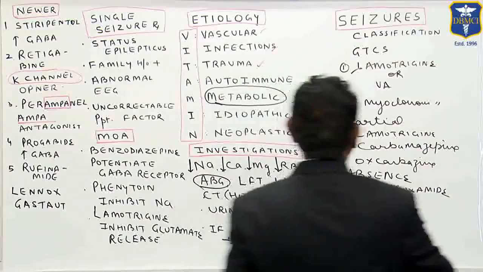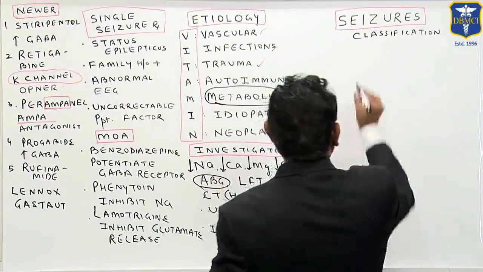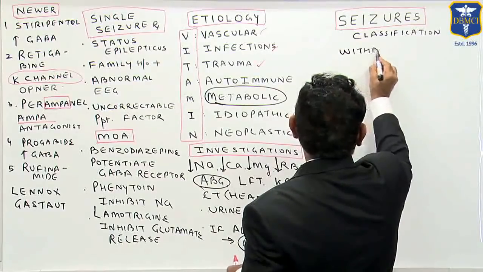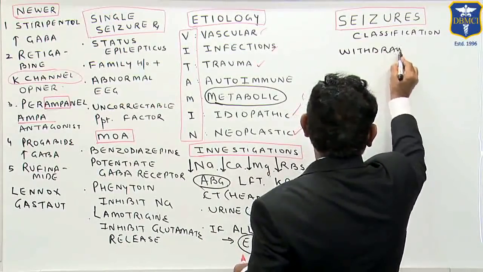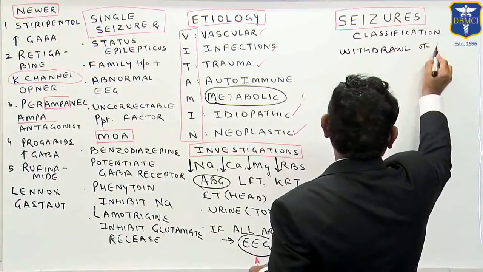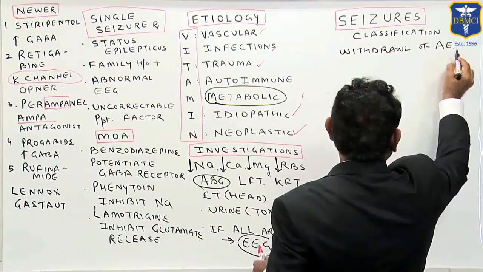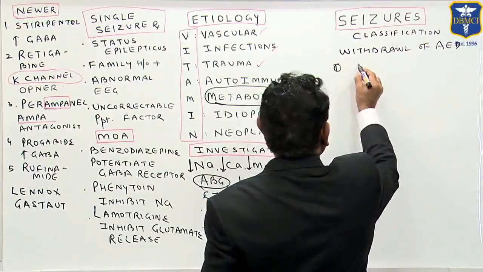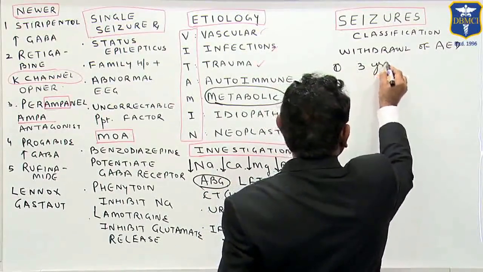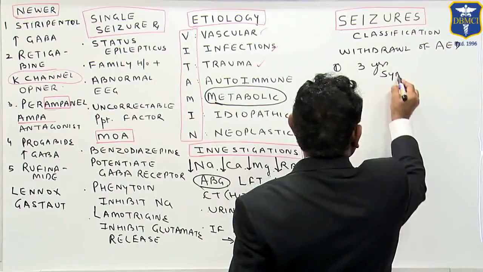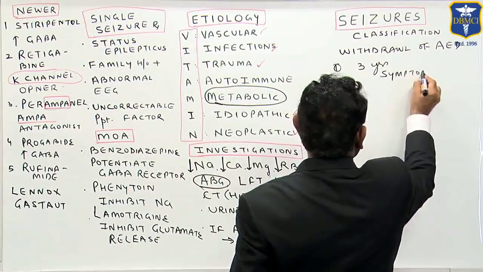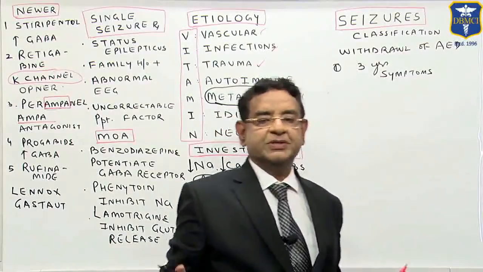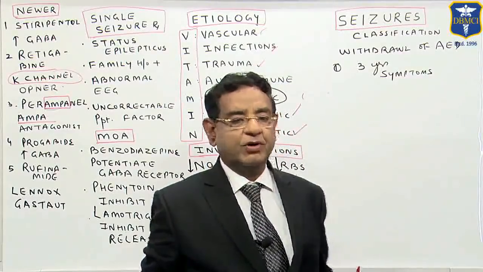What are the indications? First of all, 3 years symptom free. This is the first thing you got to know. If the patient has no symptoms for 3 years, we can plan to withdraw.